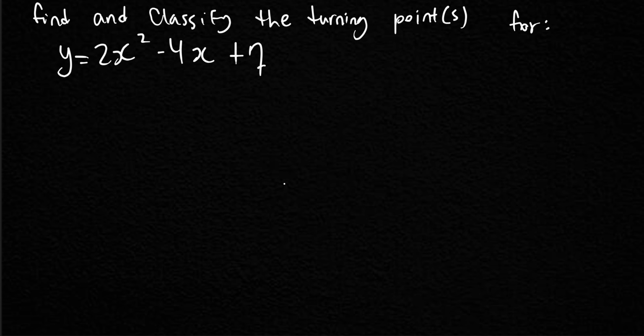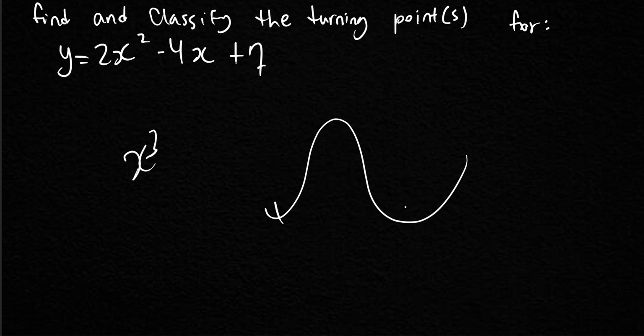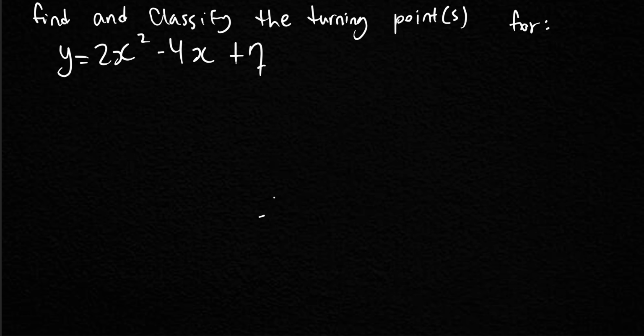Because it's not a cubic, and a cubic is like this with multiple roots where it crosses, it's going to have 2 turning points. Because this is just x squared, it's just going to be 1 turning point, which makes our life a lot easier. Let's find dy/dx for the gradient. 2 times 2, 4x minus 4, that's our dy/dx.